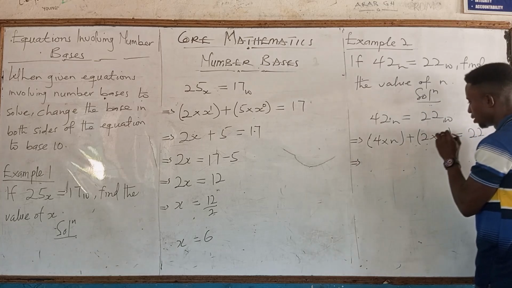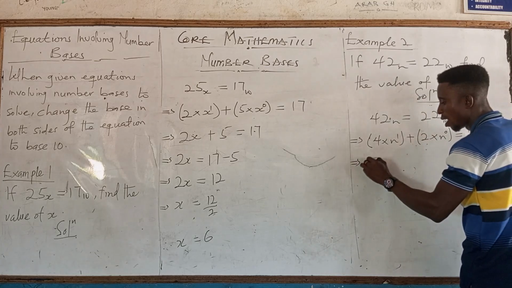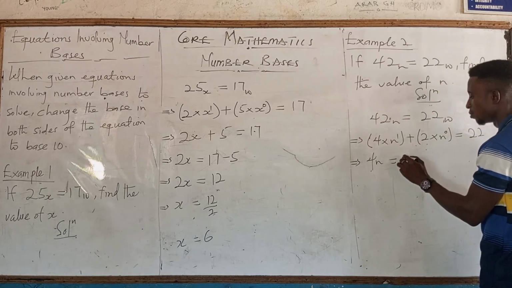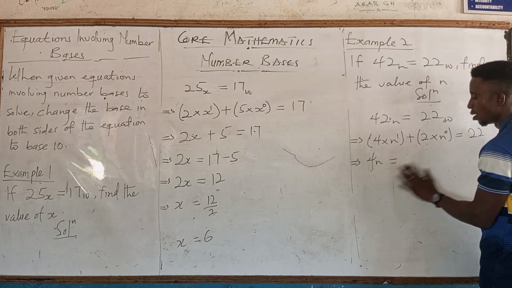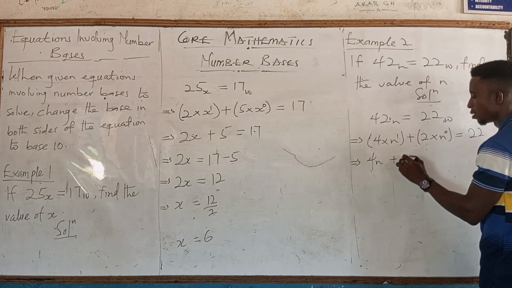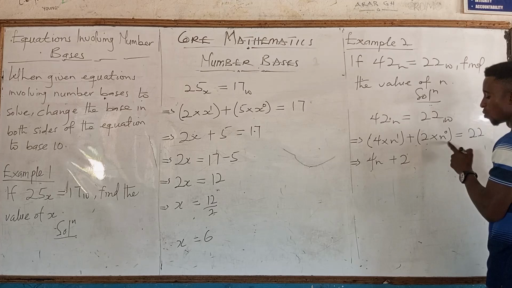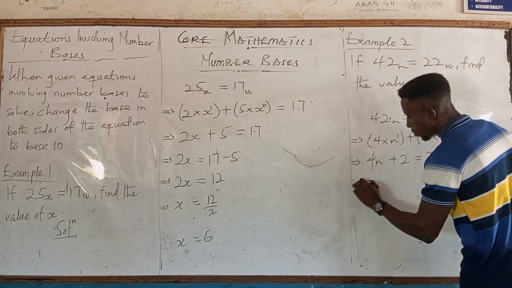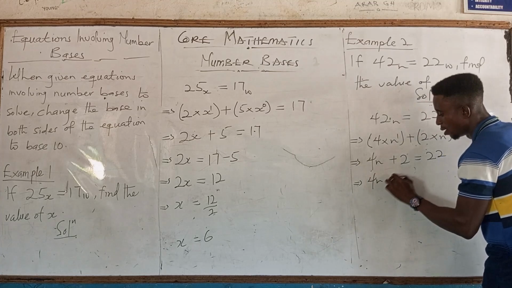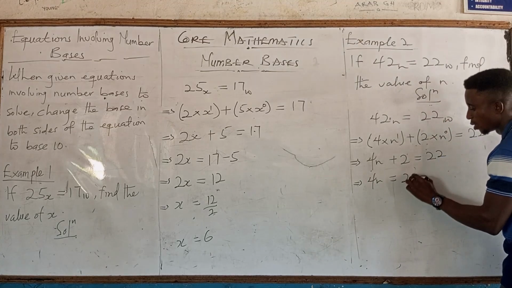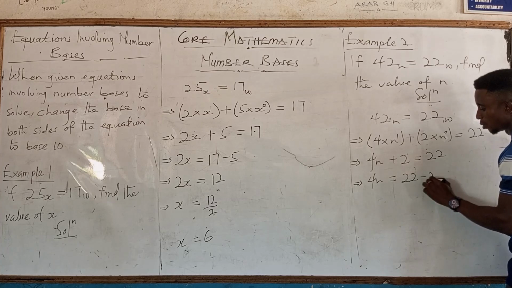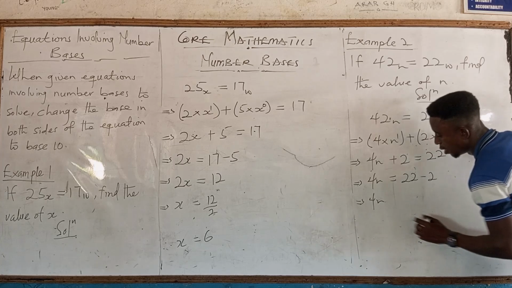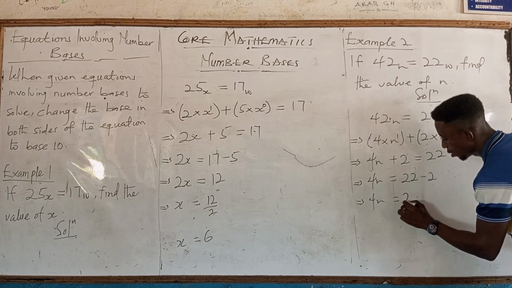This implies that I'll have 4n plus 2, because this one will go to 1, which is equal to 22. This implies that 4n is equal to 22 minus 2. Then this implies that 4n is equal to 20.